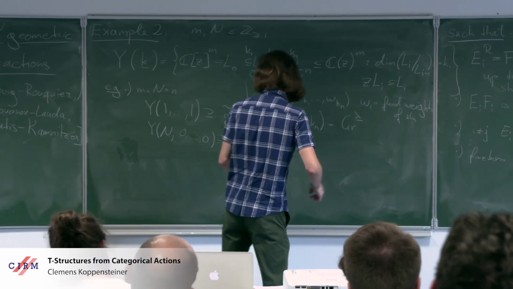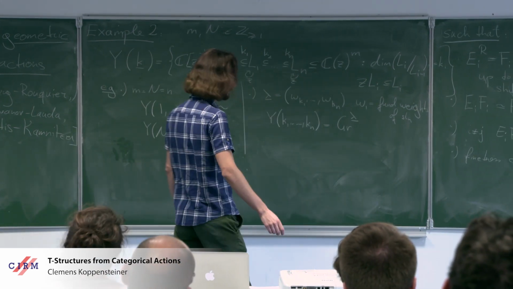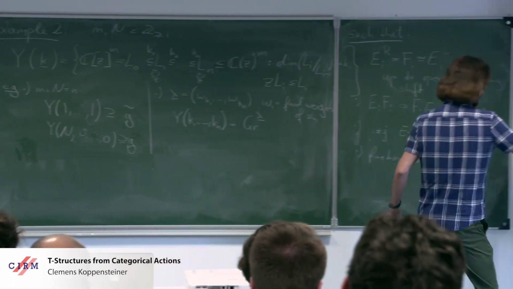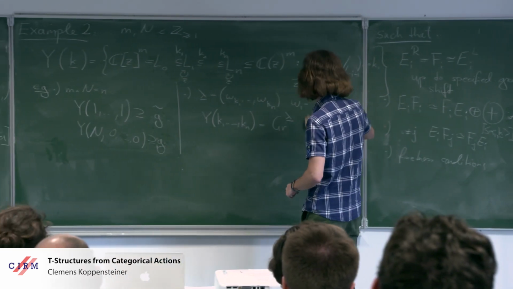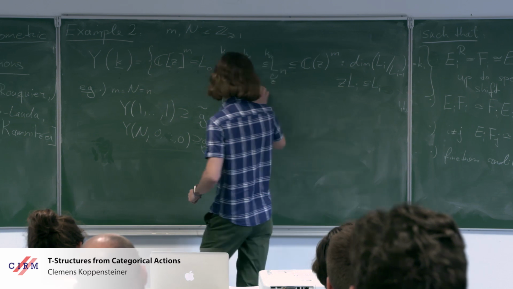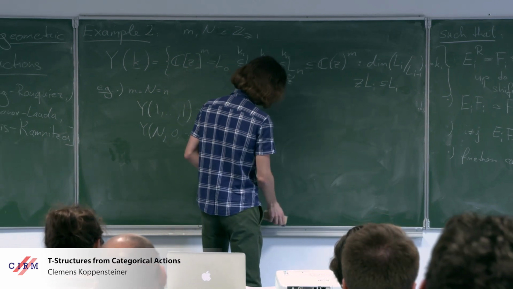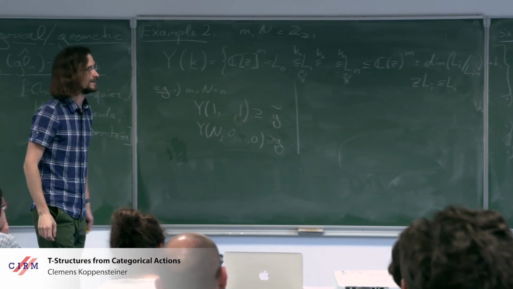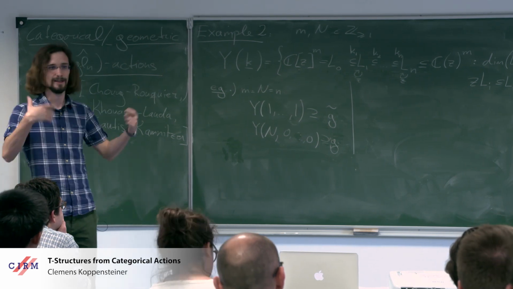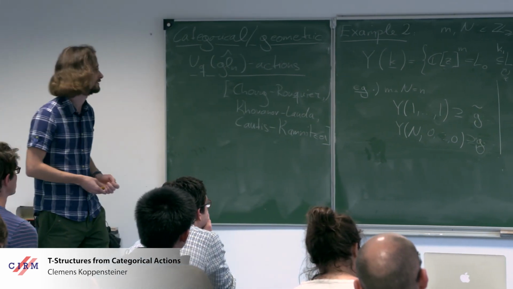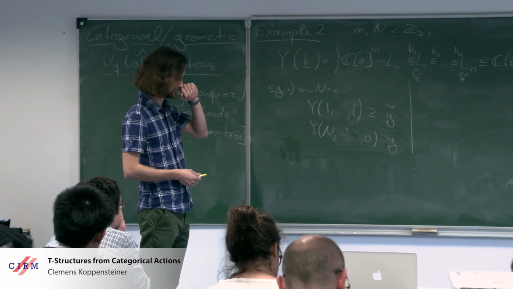And this then, of course, is not correct anymore. So I don't know what these spaces would look like. And then the Ei and Fi you can define in a very similar way to example 1.